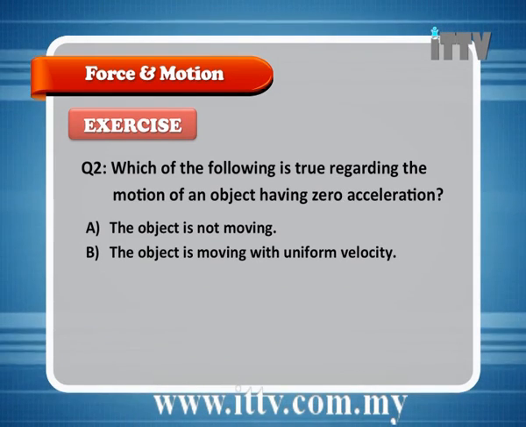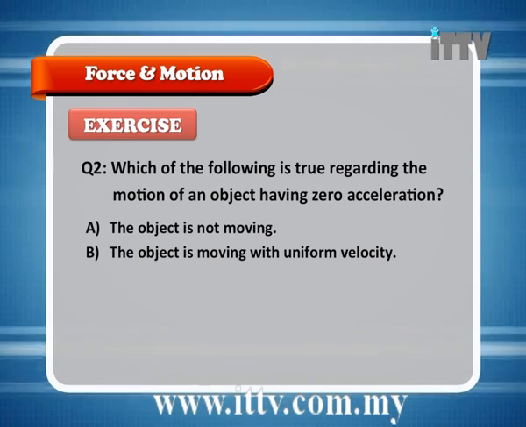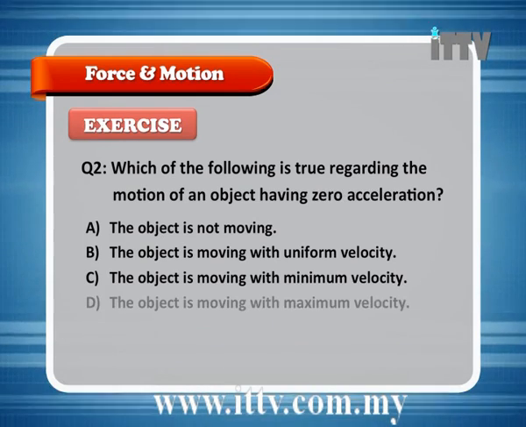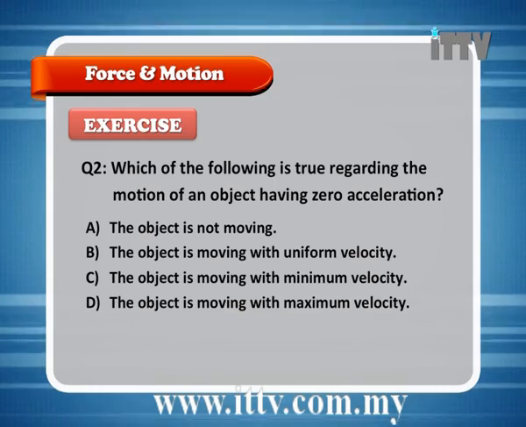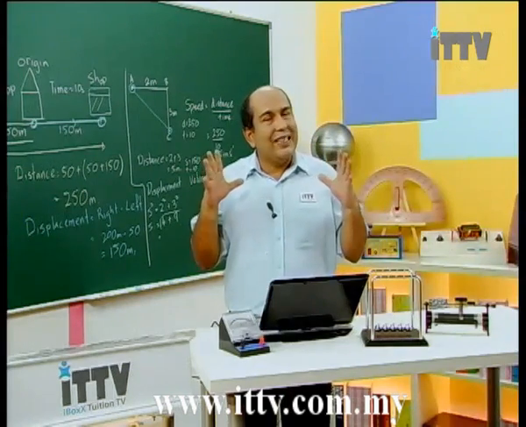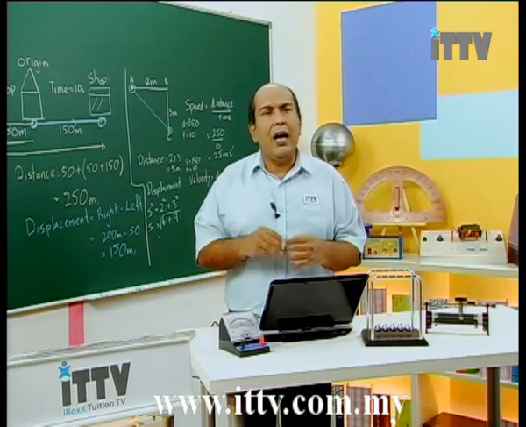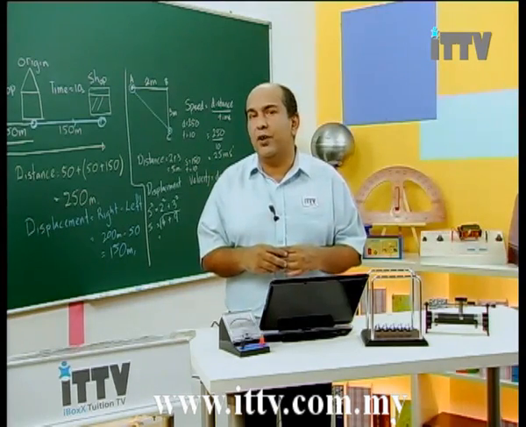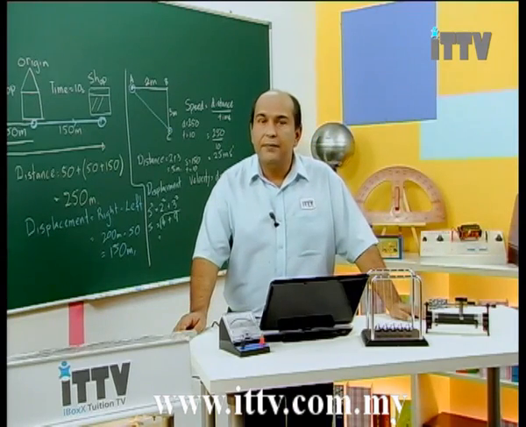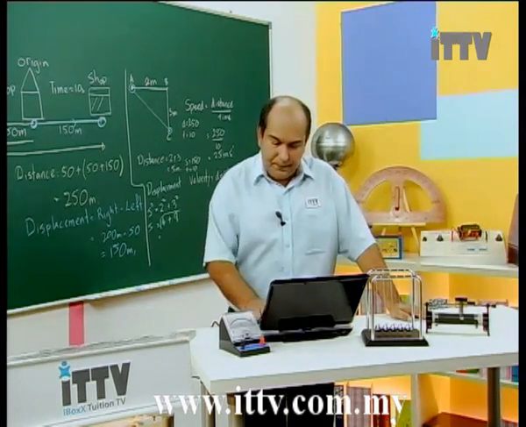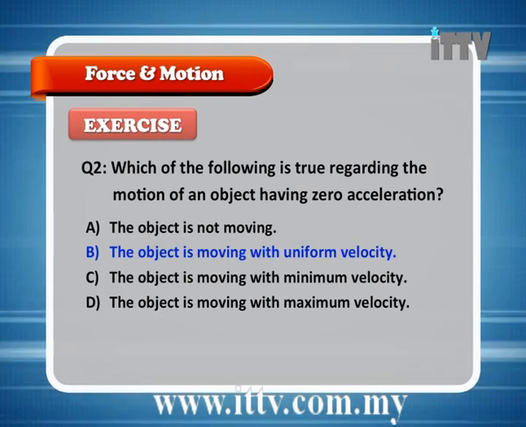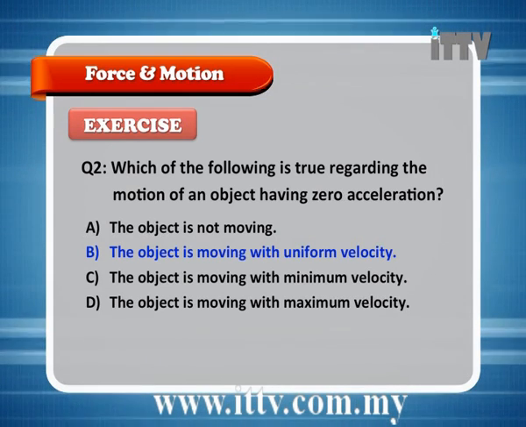B, the object is moving with uniform velocity. C, the object is moving with minimum velocity. D, the object is moving with maximum velocity. So remember, we are at zero acceleration. How do we explain this in terms of velocity? Have you selected an answer? Let's check it. Answer B. The object is moving with uniform velocity.